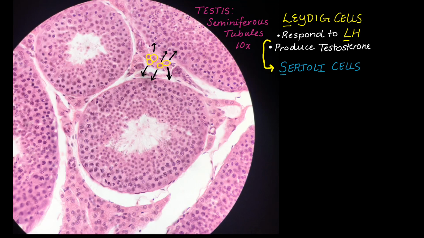Okay, so our Sertoli cells, they're kind of hard to see, but they have a larger nucleus and they're kind of scattered throughout our seminiferous tubule. So they're really large cells, and they extend from the edge of the tubes kind of down towards the lumen or the center of our tubule.